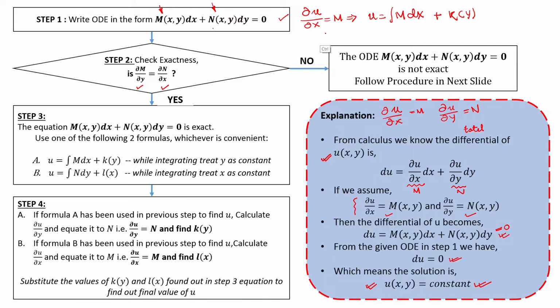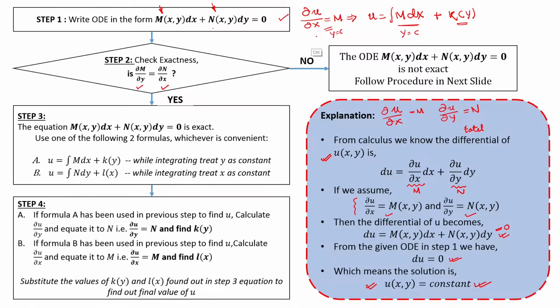Since while differentiating we take y equal to constant for partial derivatives, while integrating this M dx we also assume y equal to constant, that is any terms of y in the function M will be treated as a constant. This k of y is the constant of integration.